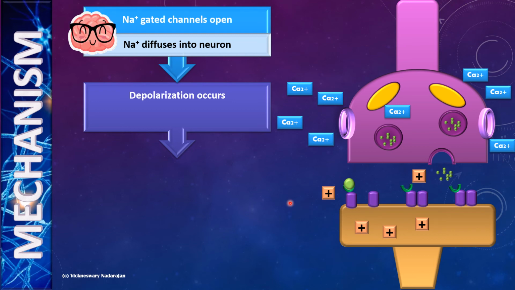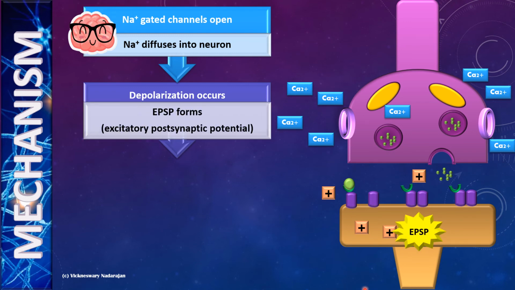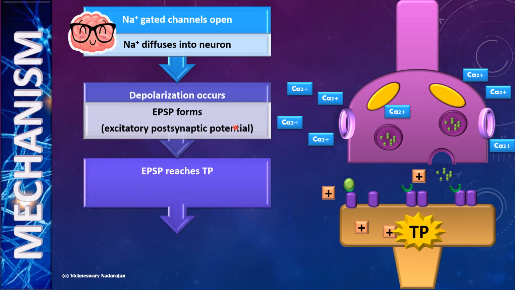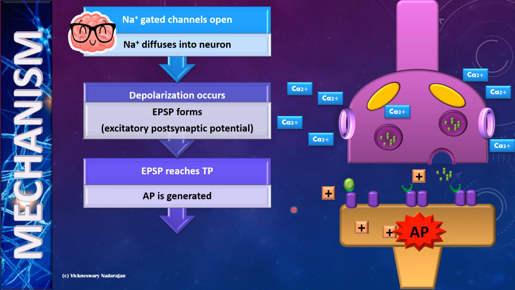The first level of the membrane potential is called EPSP, short for excitatory postsynaptic potential. The EPSP will increase to reach threshold potential. And naturally, if it can pass the threshold potential, an action potential will be generated.